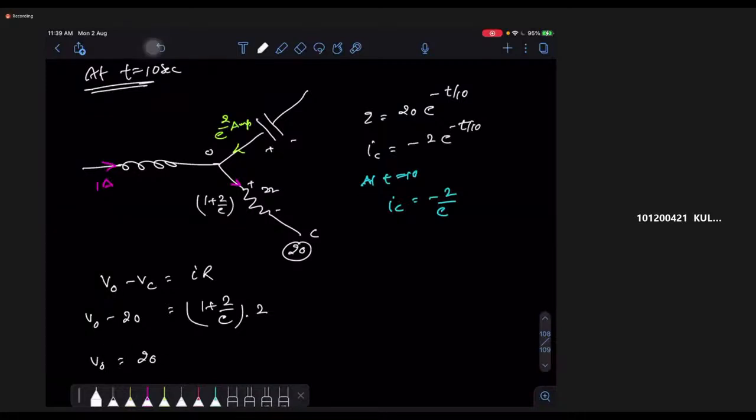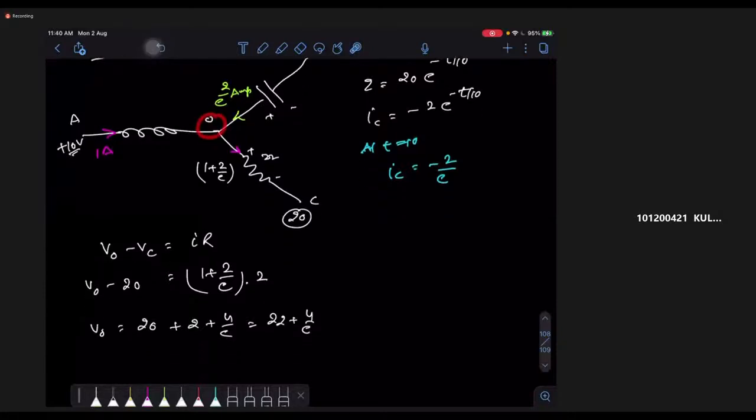So this is 20 plus 2 plus 4 by E, that is 22 plus 4 by E. That is the potential of O. Now at A, potential is given as 10 volts. At O, my potential is 22 plus 4 by E.